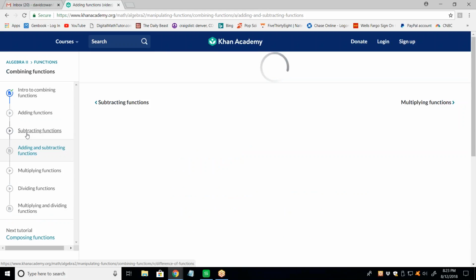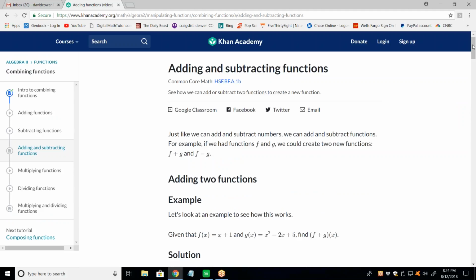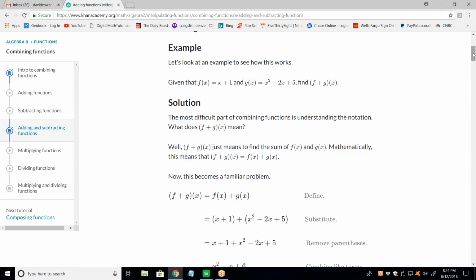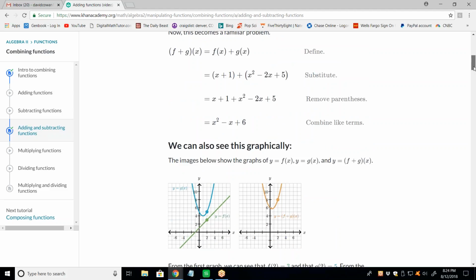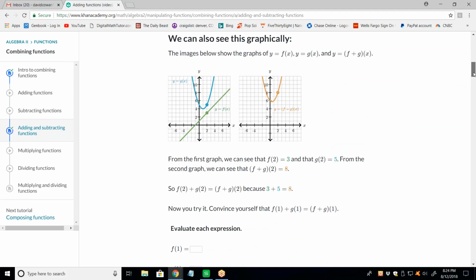We just did the subtracting. Well, that one's a video, so I guess we just want to do this. I'm beginning to understand. Okay. So let's go down to the first problem.